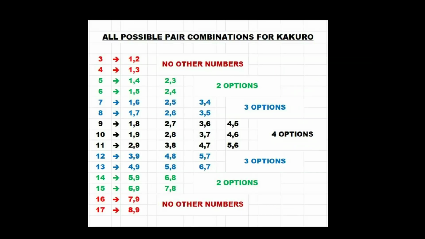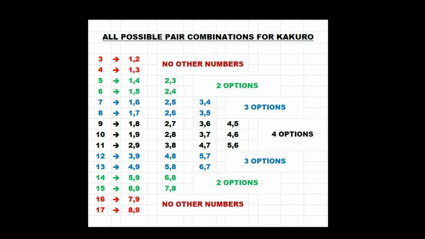Okay, here we've got the first chart that I'll explain. This is all the possible pair combinations that you can get for Kakuro. As we mentioned at the very beginning, you can't have two because you cannot have 1 and 1. So when we look down this list, this is just showing you, as we started in the very first episode, the numbers that don't have any other options, which is the 3 and the 4, and the 16 and the 17.